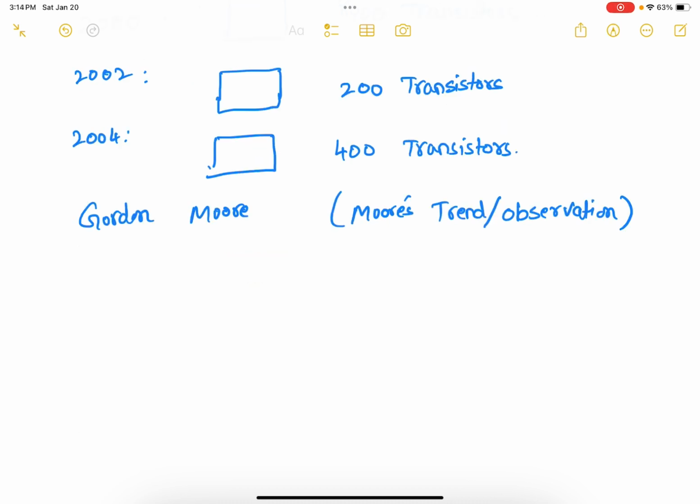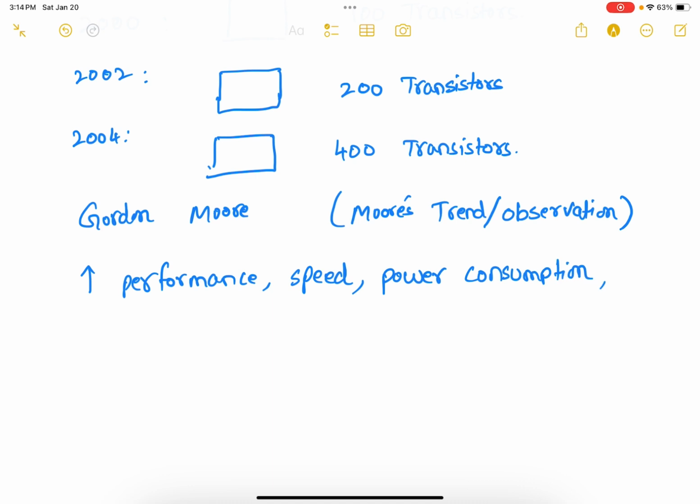As a result of Moore's law, your chip performance went up, speed went up. Speed and performance are analogous, but there is a slight difference. Power consumption went up, which is kind of bad, and you could fit more components in the same space.